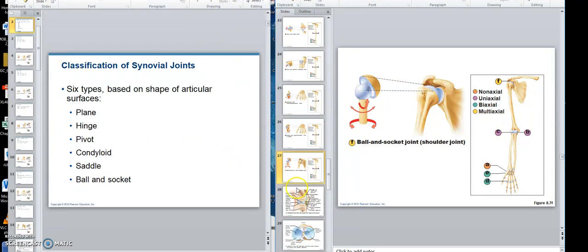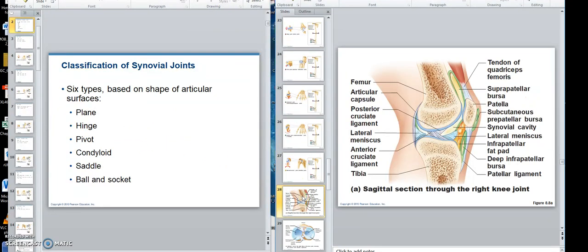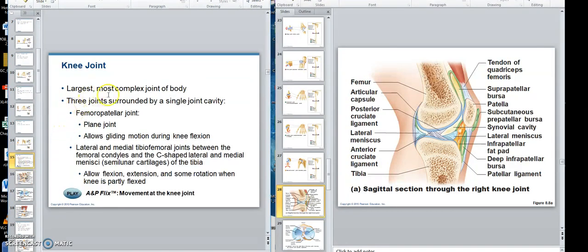So where we are now is here looking at this knee. When you look at that knee, you see a lot of different ligaments and so forth in that knee. Here's that anterior cruciate. So the largest, most complex joint of the body: 3 joints surrounded by 6.